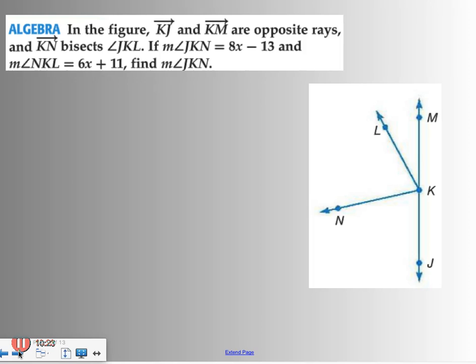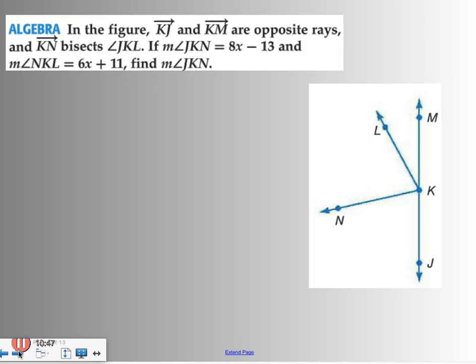So the first part says JK and KM are opposite rays. That's just telling you that this is a straight line, verifying that that's a straight angle. And the next part, KN bisects angle JKL. So what does that tell me if I'm bisecting this big angle?